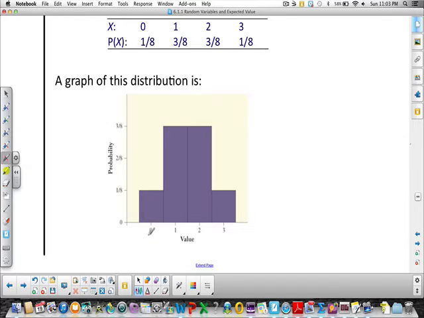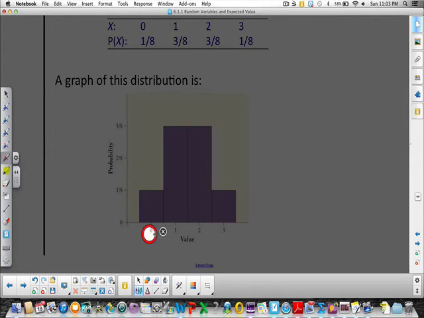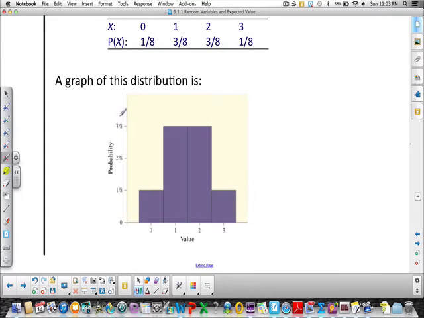So instead of having bins like we have in the past with a histogram, we have just the value of the random variable down here, 1, 2, 3, and those are in the center of my bars. And then of course on the y-axis we have the probability of each of those values. But for all intents and purposes it behaves just like a histogram does, and we're going to look at its shape like we look at the shape of a histogram. Okay, so there's a graph of that same probability distribution.